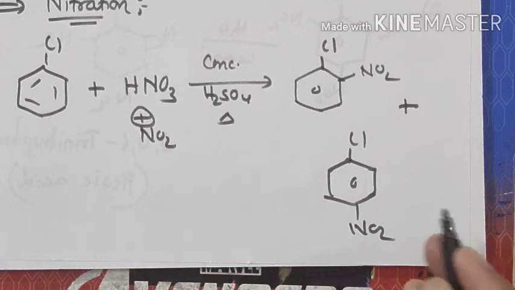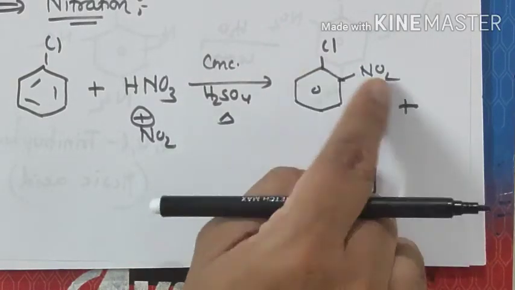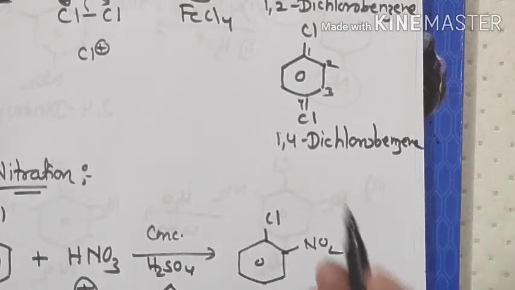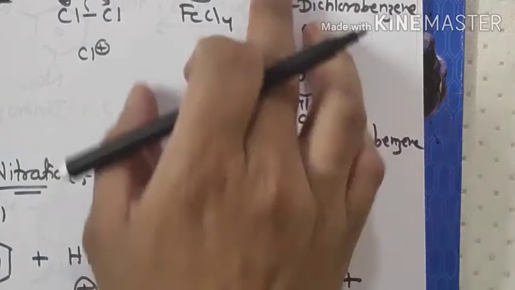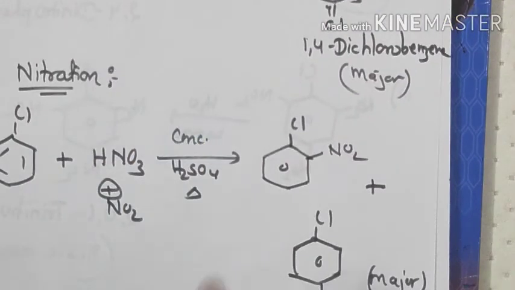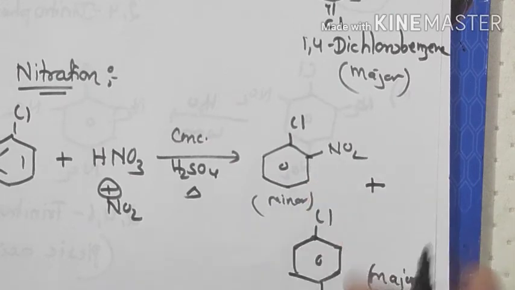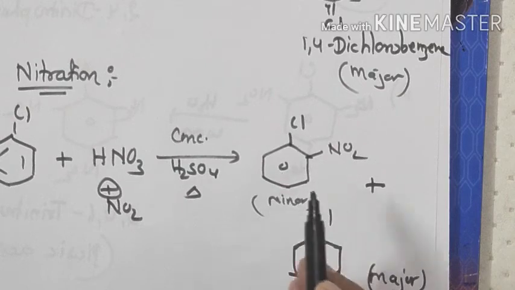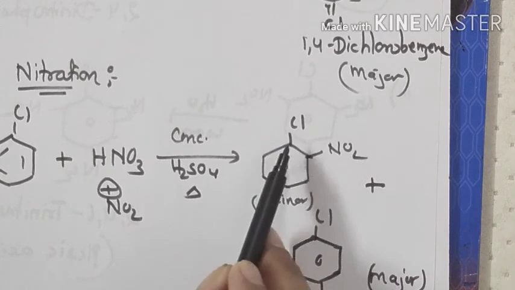So the para position will always give the major product unless there is attraction between the ortho groups. So this is going to be the major product, and obviously the ortho one is going to be minor, right? Can you tell me the names?